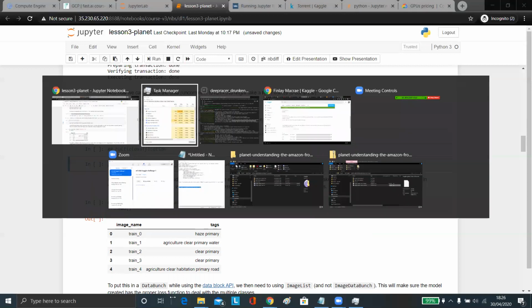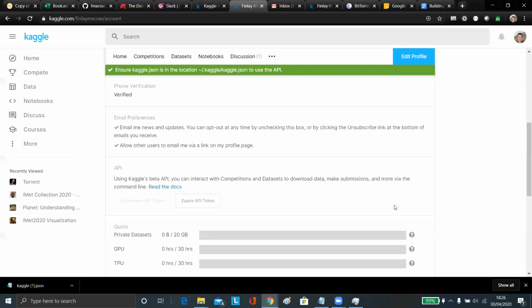If we go to our last Colaboratory one, hopefully this is the right one. I should be able to show you. So is that part of the Google integration, or is that separate? No, it's one of the fast AI. Okay.